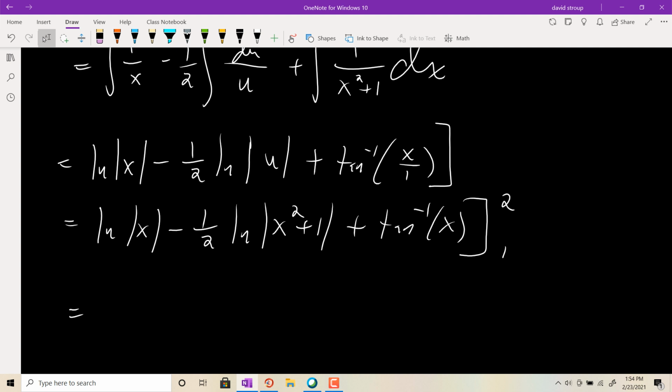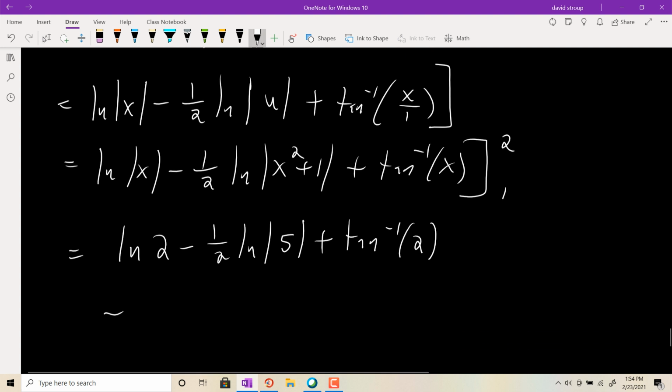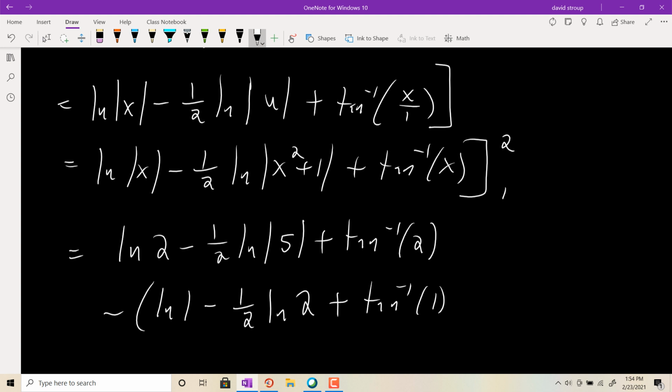Okay. Plugging in 2, I get ln 2 minus 1/2 ln of 2 squared, which is 4, plus 1 is 5, plus tan inverse of 2, and then subtract away ln of 1 minus 1/2 ln of 2 plus tan inverse of 1.